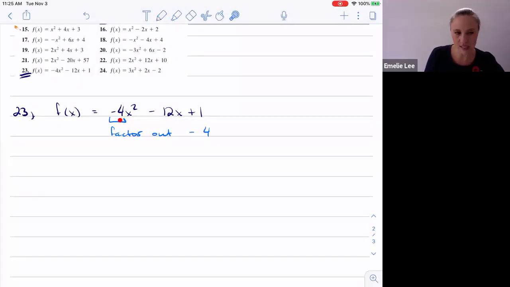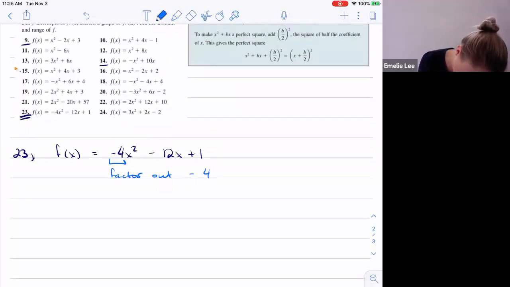Another thing that we see here is negative 4x squared. Looking at it as ax squared plus bx plus c, this is a negative a, which means this thing is going to be pointing down. So I want to make a note of that too.